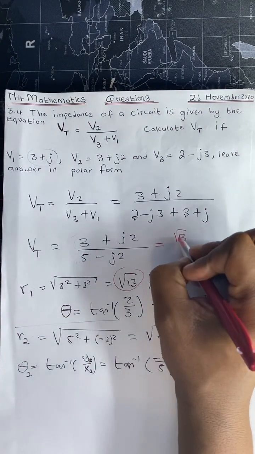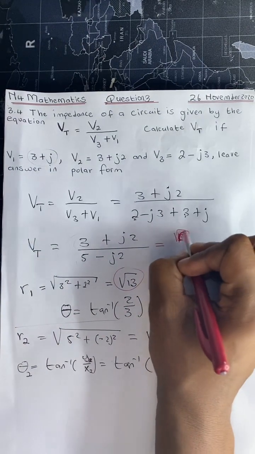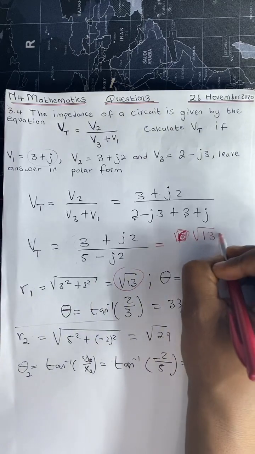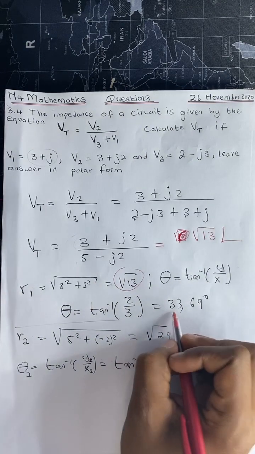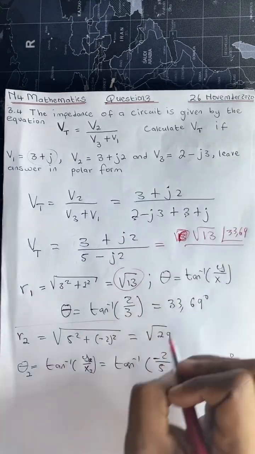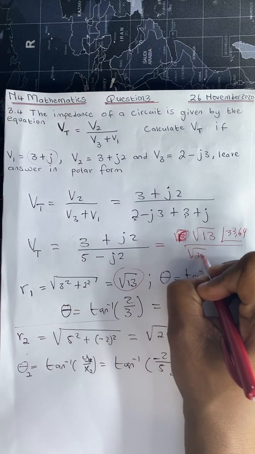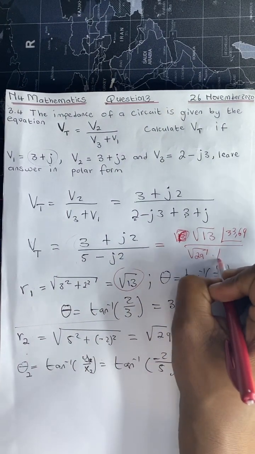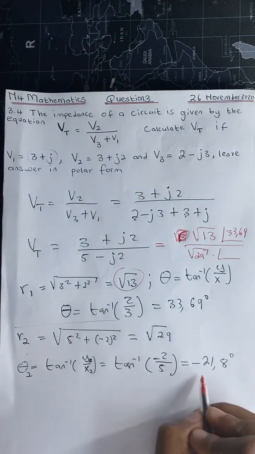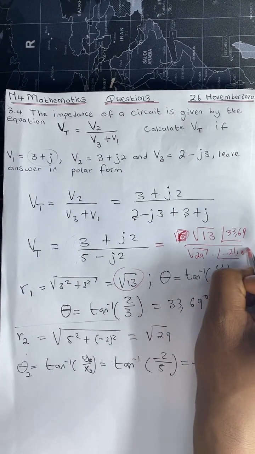So in order for us to divide this, we have to convert them to polar. So we can write this as the square root of 13 with angle 33.69, divided by R2 for the denominator, which was the square root of 29, and the angle was negative 21.8 degrees.